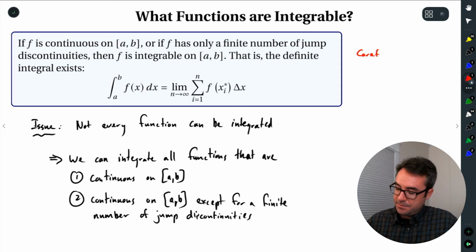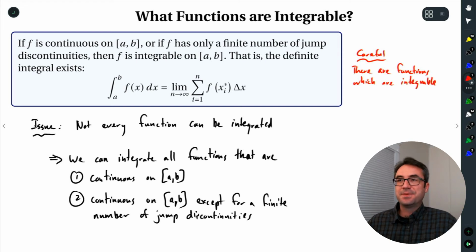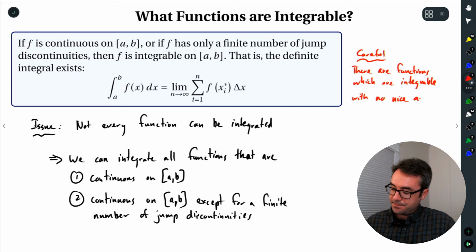Careful, there are functions which are integrable. It's a hard word to say. Integrable. So we technically should be able to calculate their definite integral on an interval with no nice antiderivative.